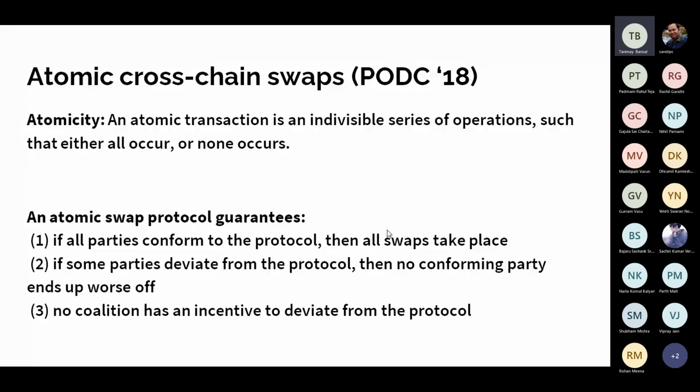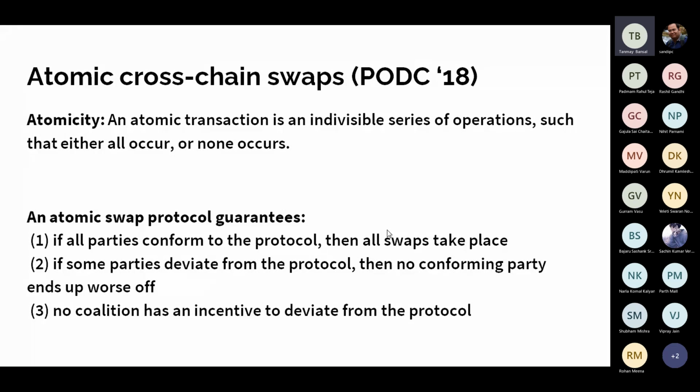But if Alice deviates from the protocol, but Bob and Carol conform, then the deviation of Alice from the protocol should not make Bob and Carol worse off. So either they gain, or they do not have any impact.